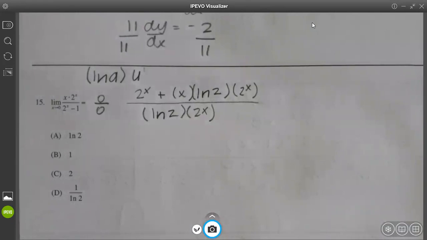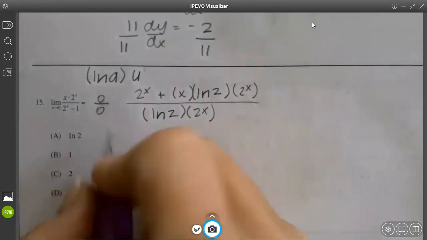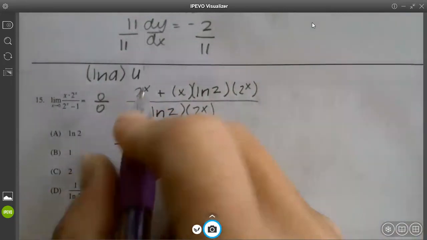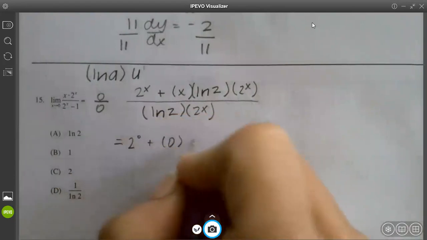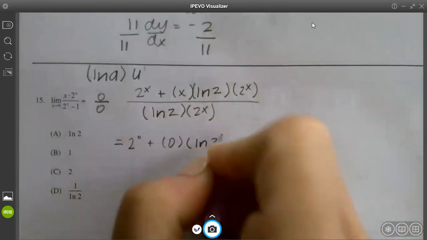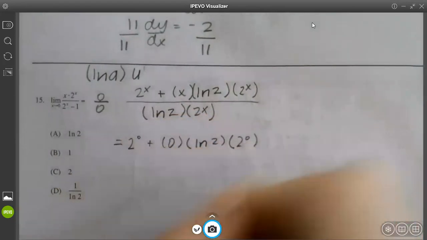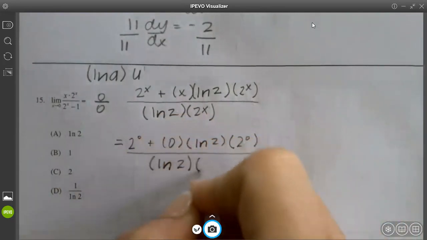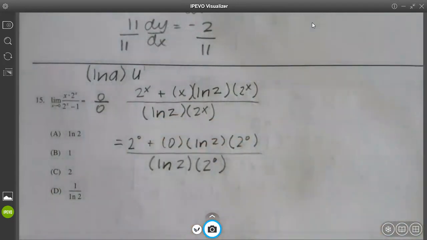Now what do we do? You don't have to. What can you do? You can just plug in, right? So try to direct substitute at this point. Instead of trying to do a lot of algebra that might mess you up, go ahead and try to plug in from here. And again, because it's 0, that makes it a little bit easier. So 2 to the 0 plus 0 times ln 2 times 2 to the 0 over ln 2 times 2 to the 0.